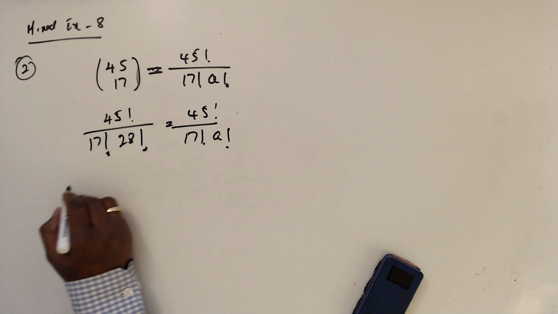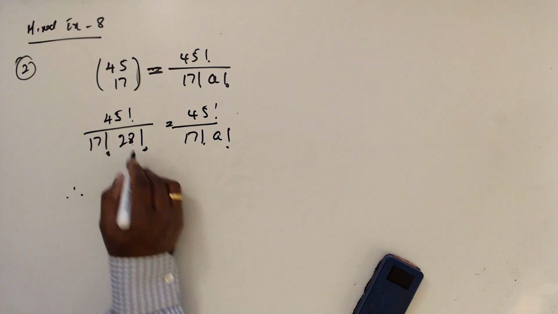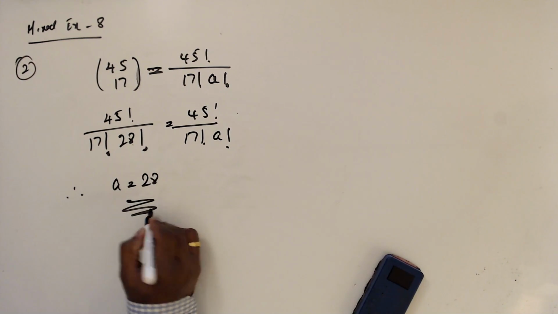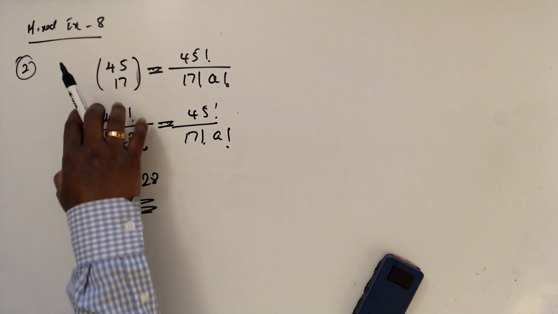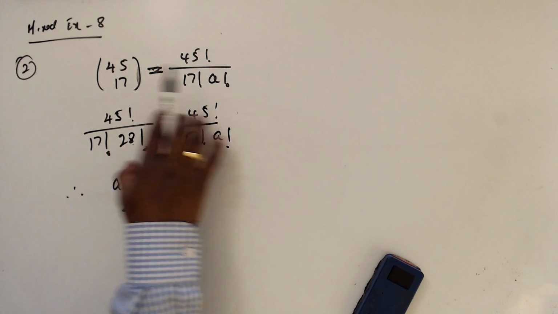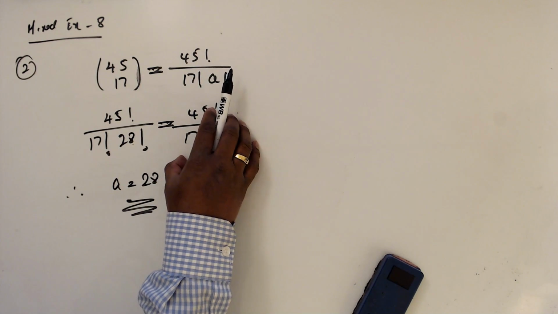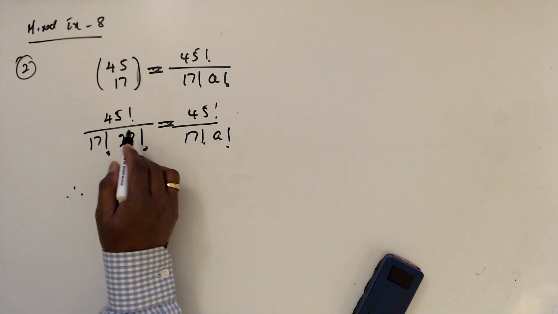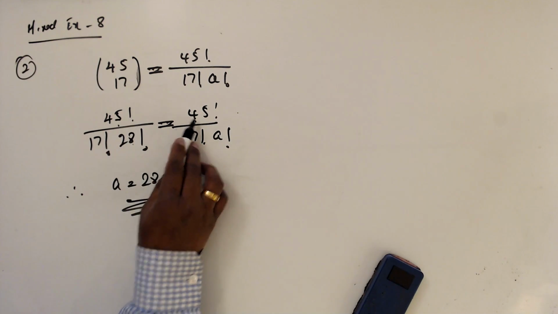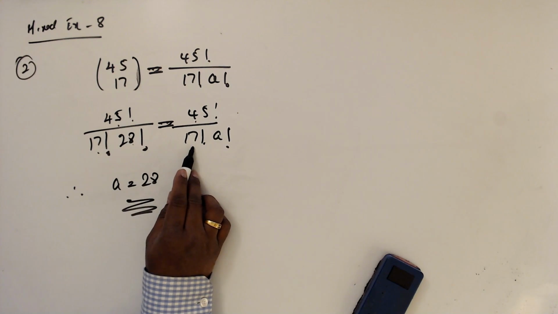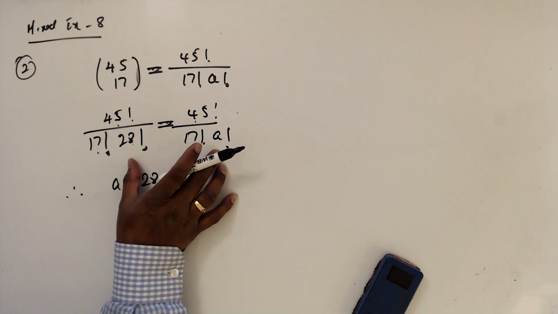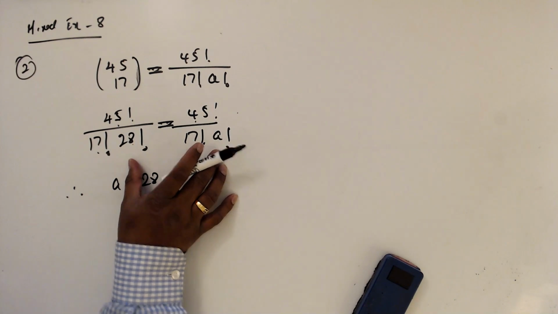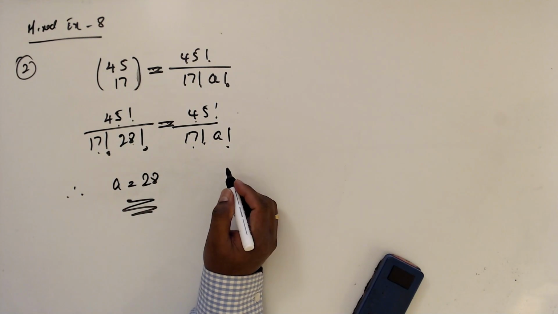Hence, a should be 28, because to make the left side and right side the same, 45 and 45 same, 17 and 17 same, it has to be 28.